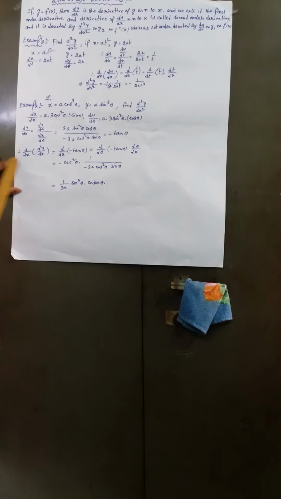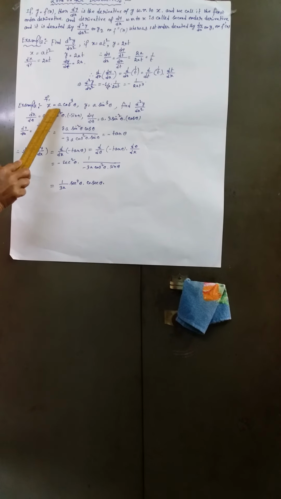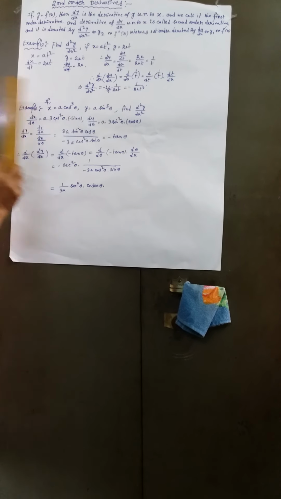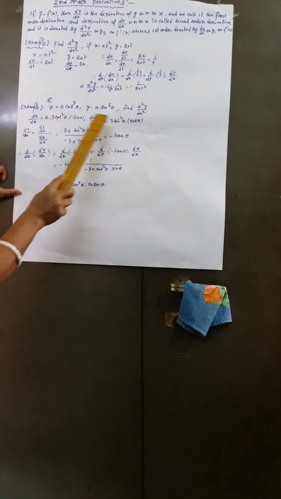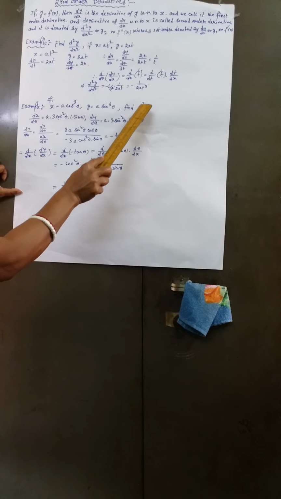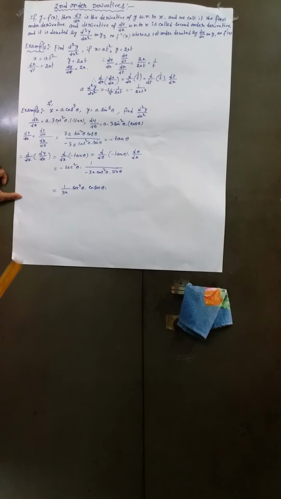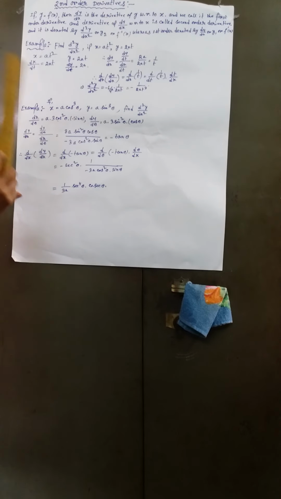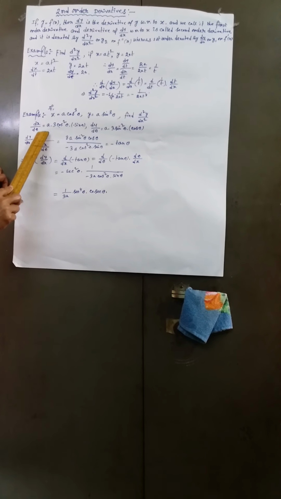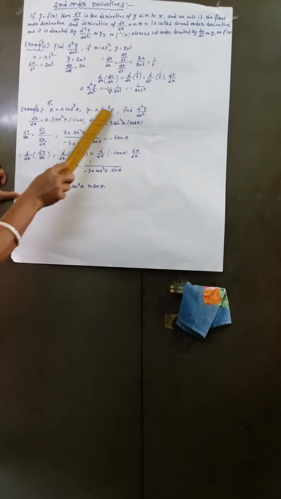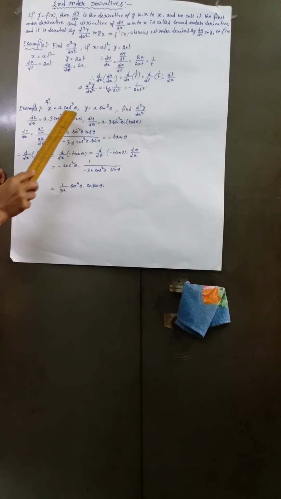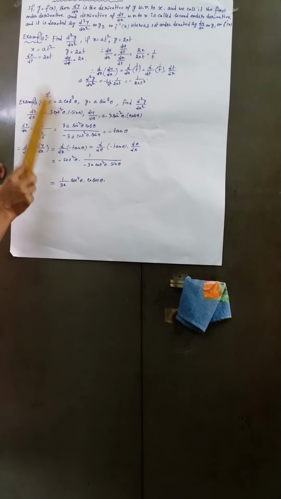Now the second example is, if x equal to a cos cube theta, y equal to a sin cube theta, then find d2y/dx2, that means second order derivative. First we have to find out dx/d theta. This is also in parametric form. Another parameter is theta except x and y.